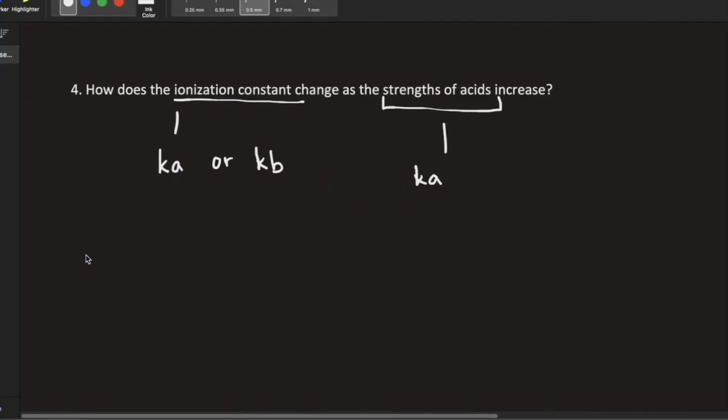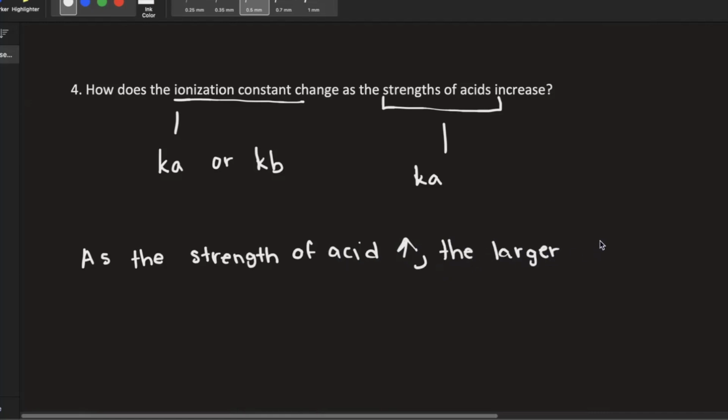Recall that as the strength of the acid increases, the larger Ka will be. So the answer to this question is that as strength of acid increases, the Ka will increase as well. But if the strength of the acid decreases, the same will happen to Ka.